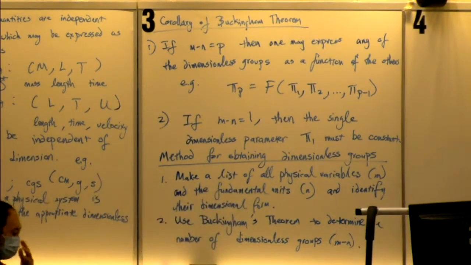The Buckingham theorem only comes in once you're organized and you list your variables and the dimensions they have. For example, if I were to list velocity as one of my variables, it would have dimensions of length and time.